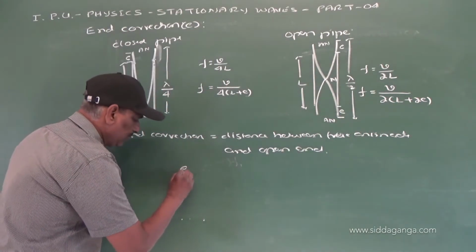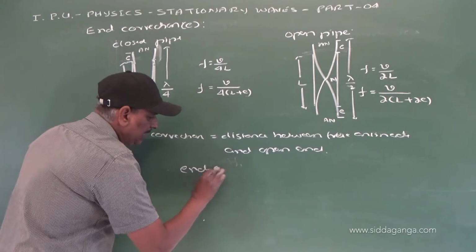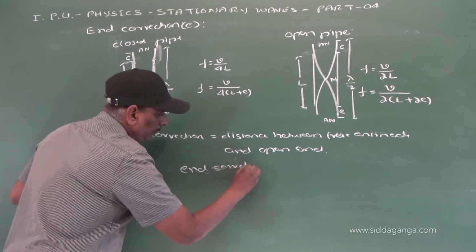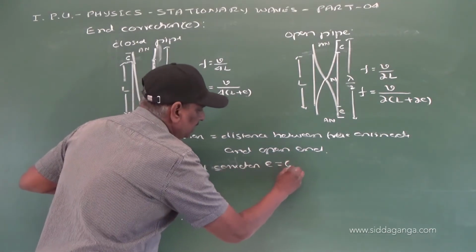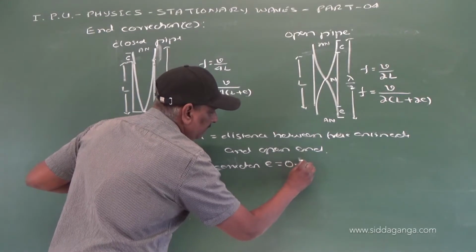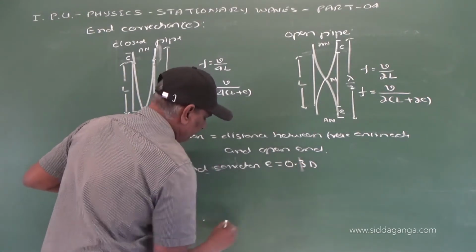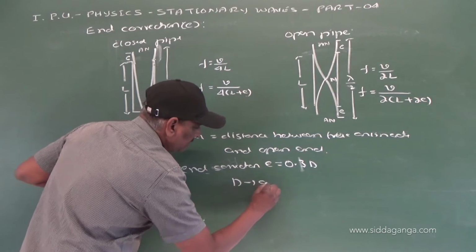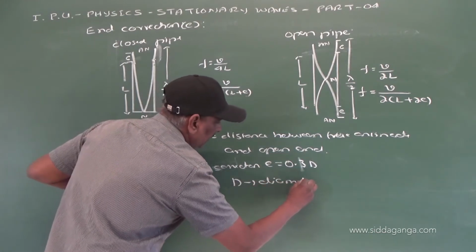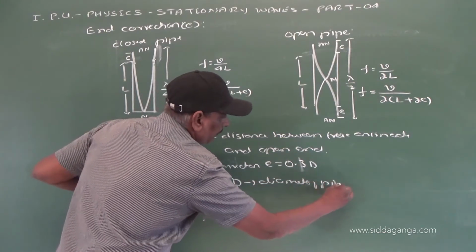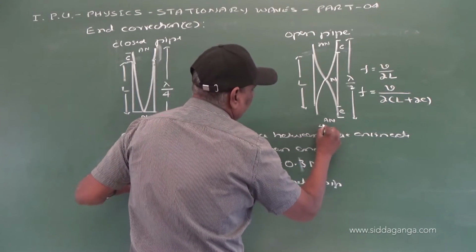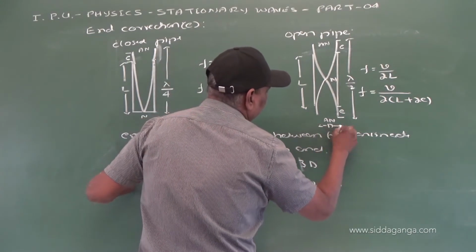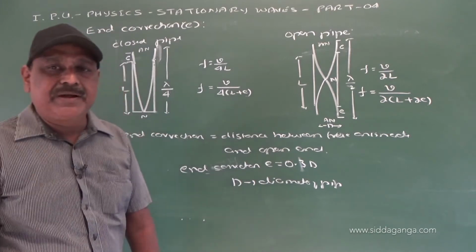And we can show that the end correction E is equal to 0.3 times D, where D is the diameter of the pipe.